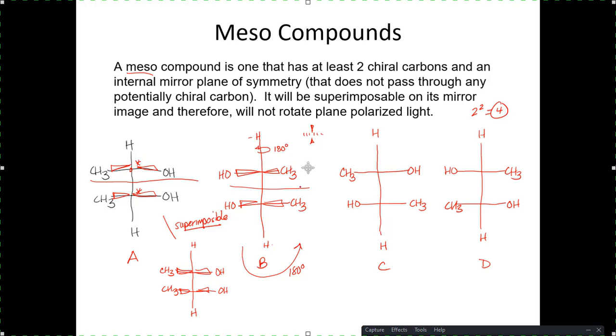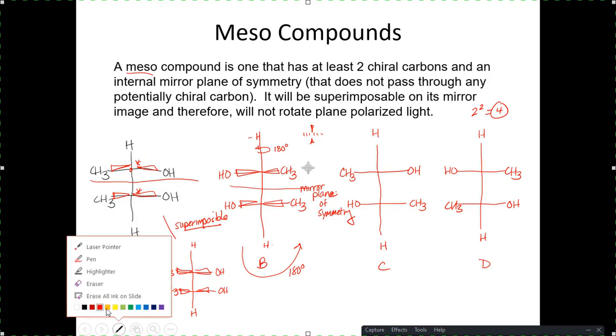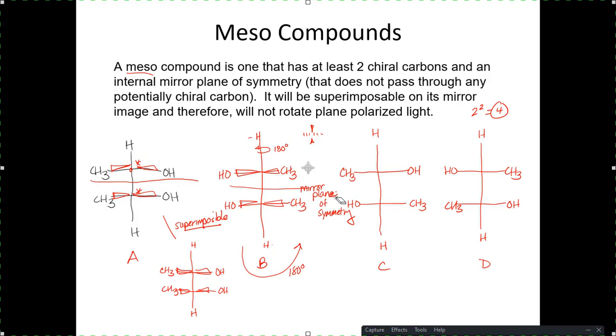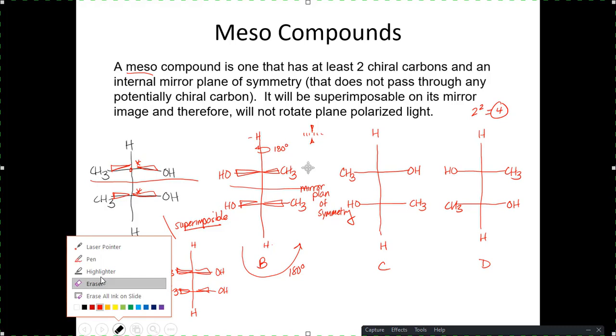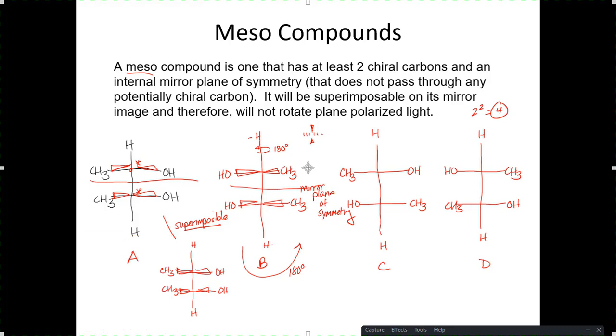Notice the mirror plane of symmetry, sometimes called the internal mirror plane of symmetry, does not cut through any carbons, and any carbons that it would cut through would not be chiral anymore. Okay, so at least two chiral centers and a mirror plane of symmetry.